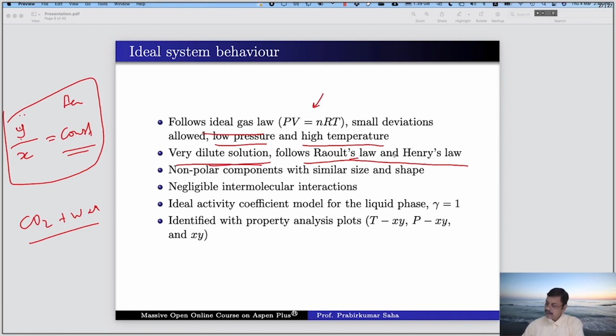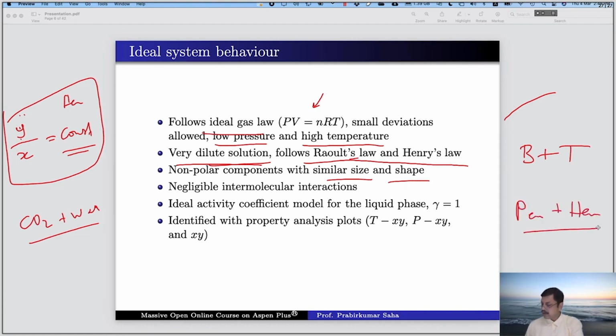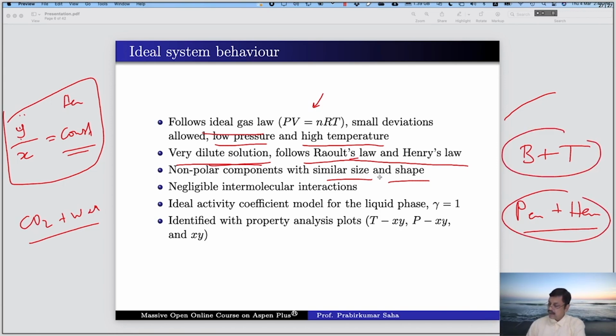It is valid for the entire concentration range between two components, and it applies between nonpolar components of similar size and shape. For instance, benzene plus toluene, or pentane and hexane, follow ideal solution behavior. In such cases, they will follow Raoult's law.